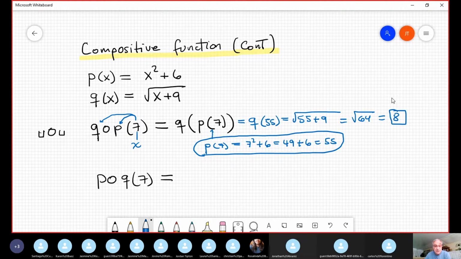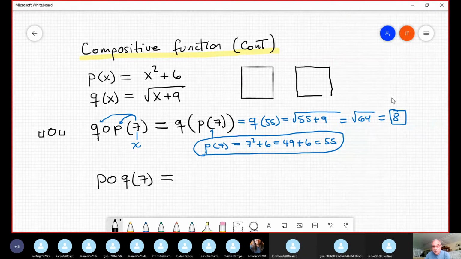Okay. Let me try to help you understand this. For the composition of functions, this is one memory device to understand it. A function, you consider it like a box, a black box. In the black box, we have input and output.